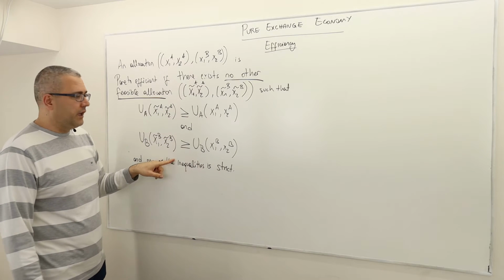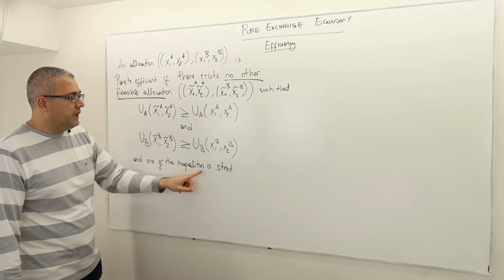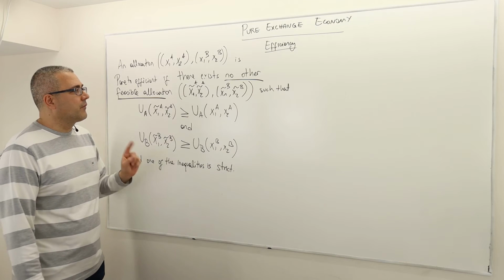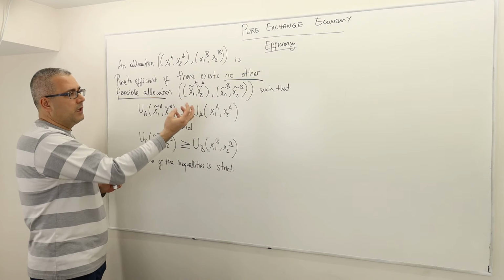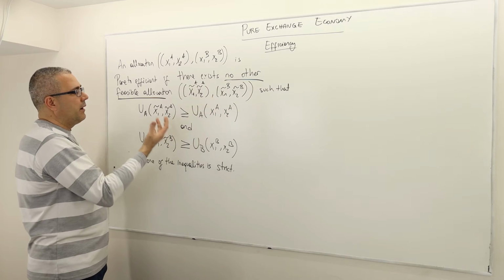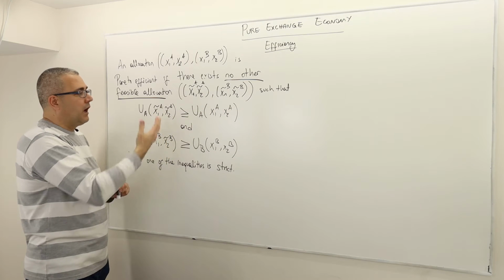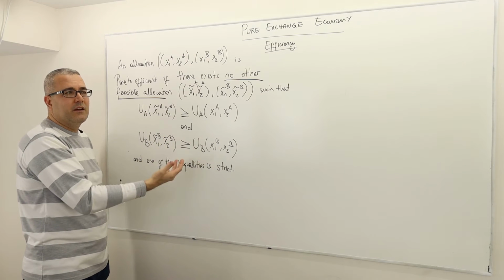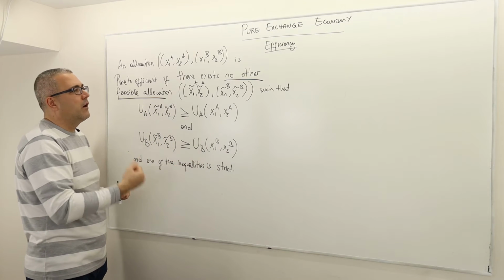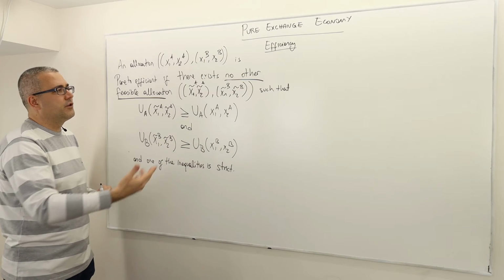Same is true for agent B, and one of the inequalities must be strict. All right, so what does that mean? That means there exists no other feasible allocation where one agent is getting better off without making the other agent worse off. All right, so that's what Pareto efficiency is.